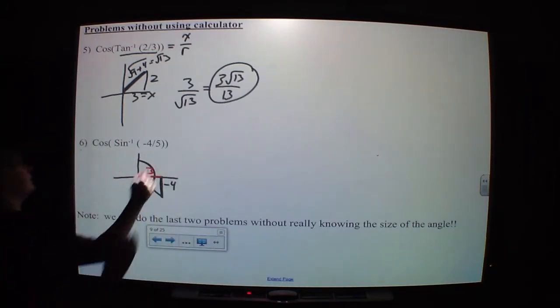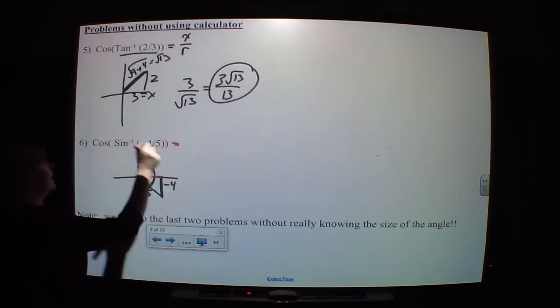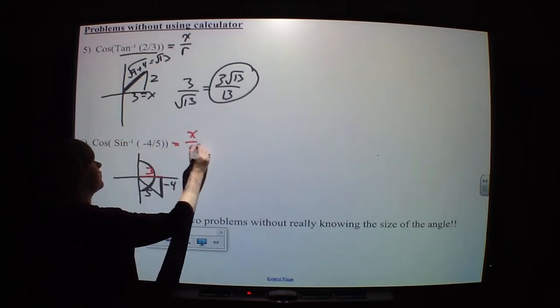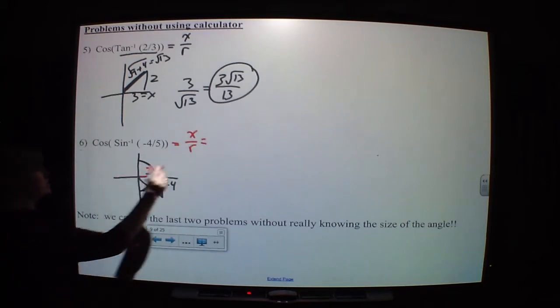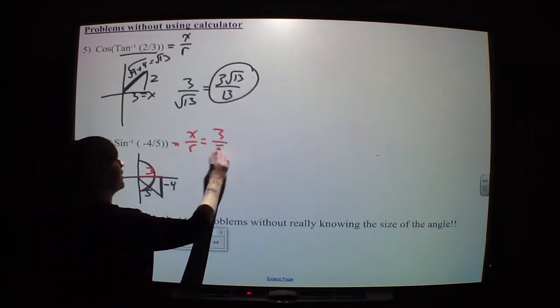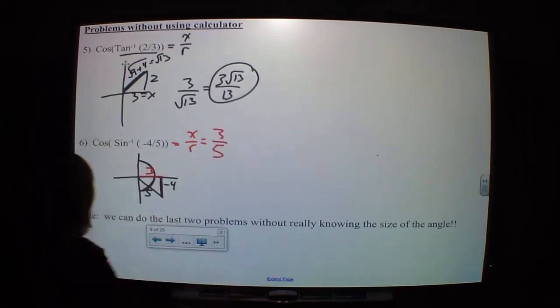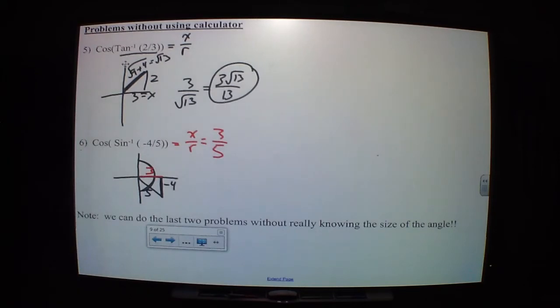There's my 3. Cosine of an angle gives me a ratio of x over r. My x side is 3. My r side is 5. So I don't even care what those angles are. All I need to do is find the sides of my triangle.